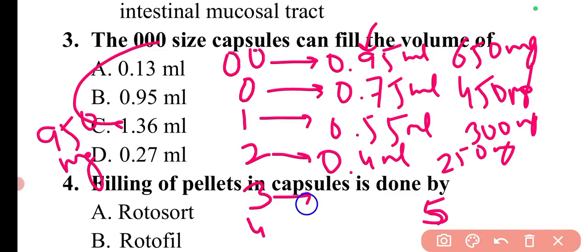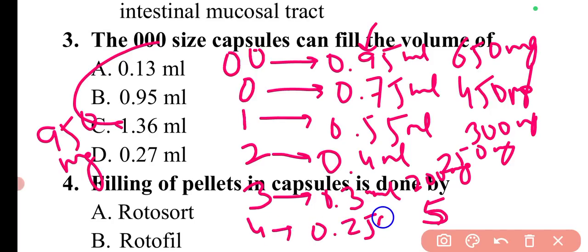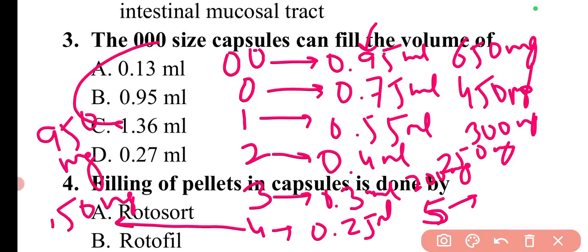For size 3, it will be 0.3 ml and 200 mg. For size number 4, it will be 0.25 ml and 150 mg. And for size 5, which is the smallest size, it will be 0.15 ml and 100 mg.